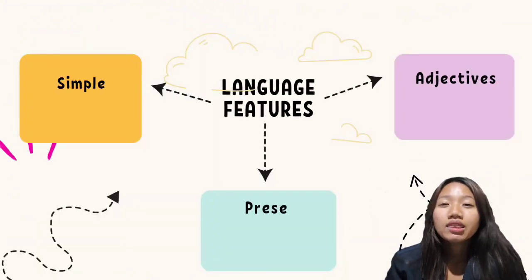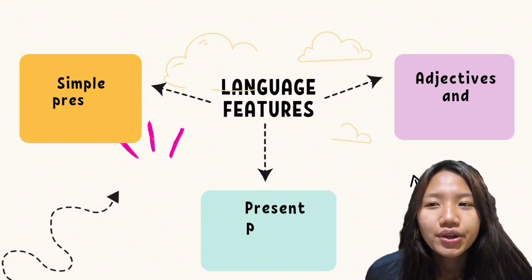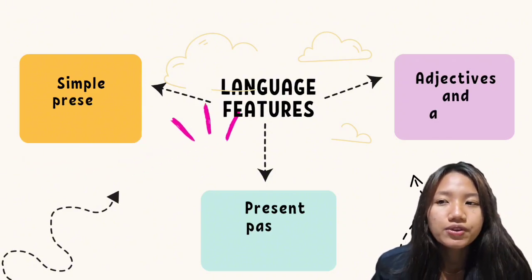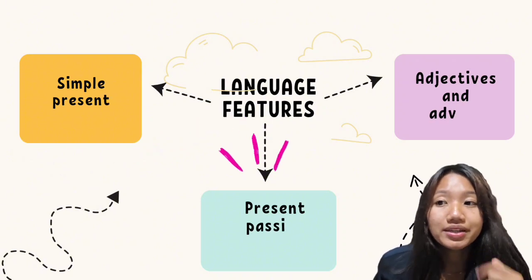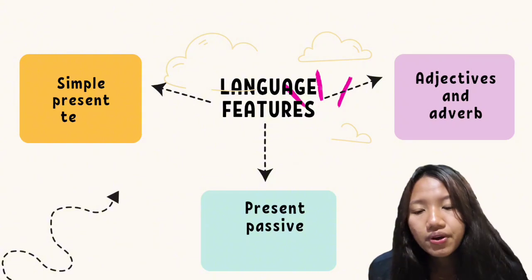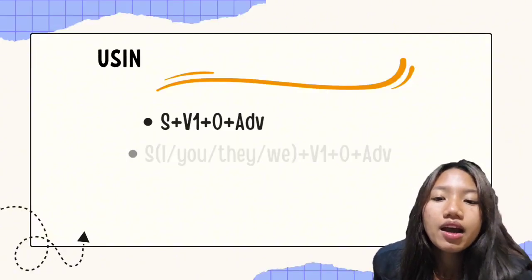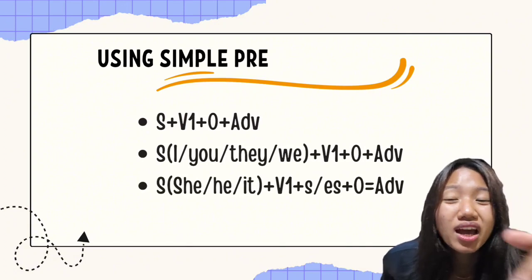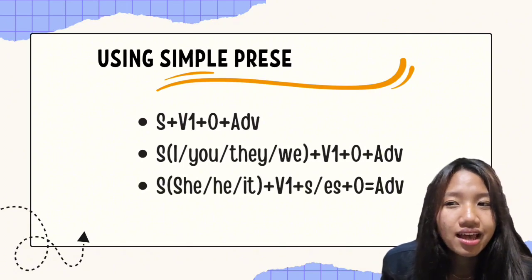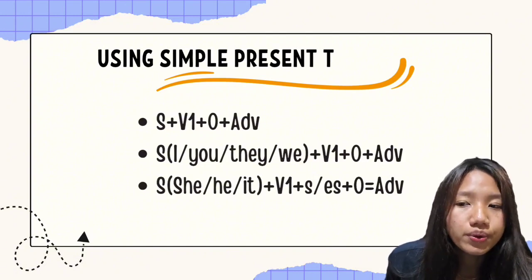Okay, next is about the language features. In descriptive text, we use 3 language features. For the first is simple present tense, and then adjective and adverb, and the last is present passive voice. In simple present tense, we use a subject and a verb 1, and object and also adverb.